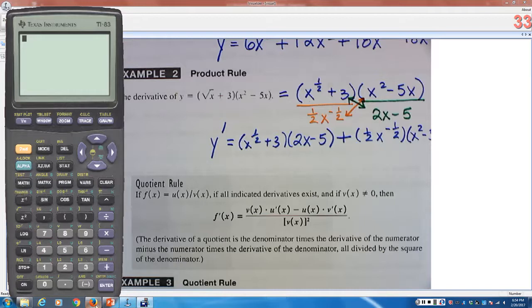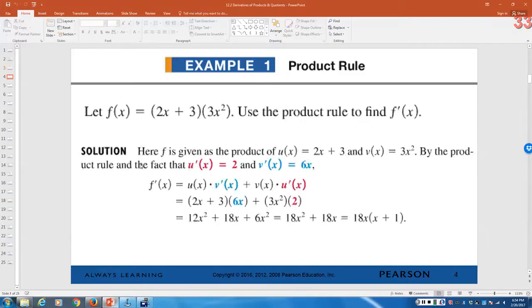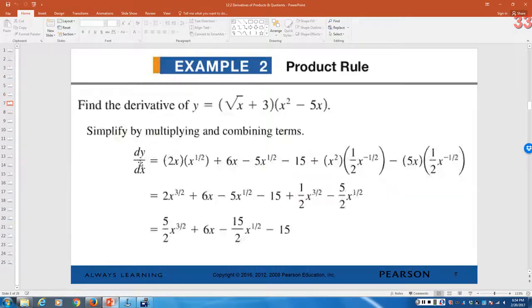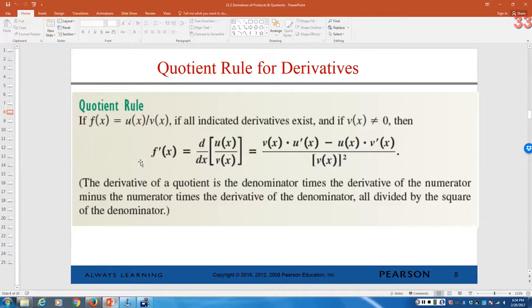Okay, let's look at the quotient rule. The quotient rule can be a little bit more confusing, as you see looking at the rule there. It's like, they got all these terms. But once you understand the process, it's not that bad.